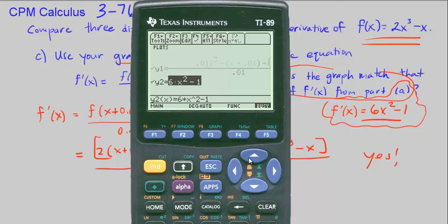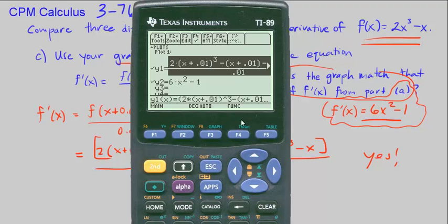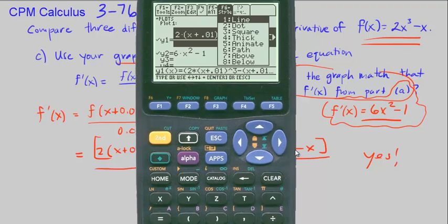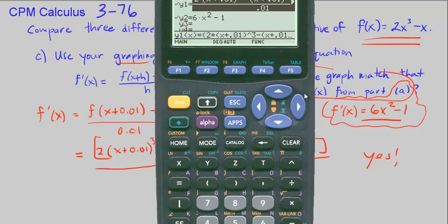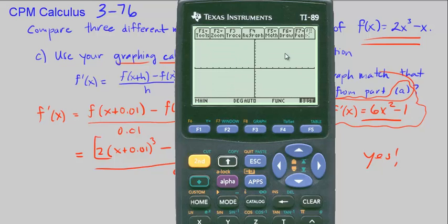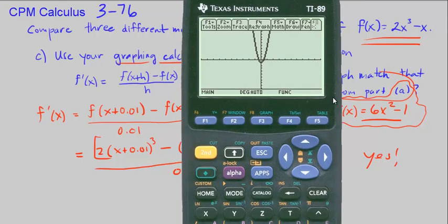Another way I can do that is since I'm making it thick the second time, I can just use a regular line the first time. I'm just showing you how you can use this in your calculator. So the first y1 is just going to be a line, and y2 is now thicker and is going to go over it. Okay, so there we saw it.